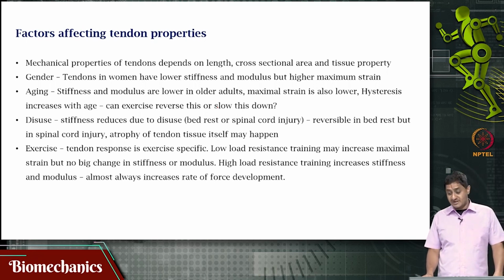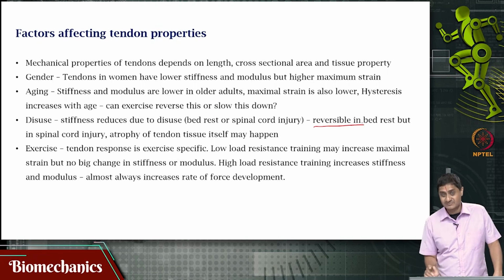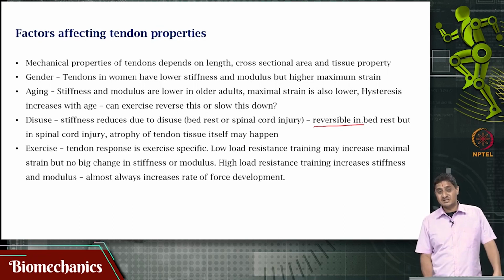So, that means this is reversible in people recovering from bed rest, but in some people, those who have spinal cord injury, movements may be completely arrested, depending on where the injury is.